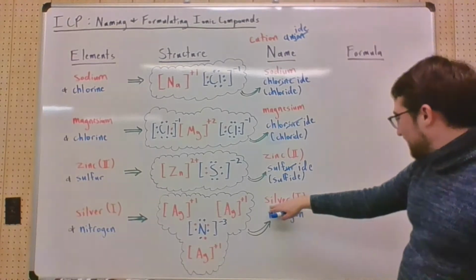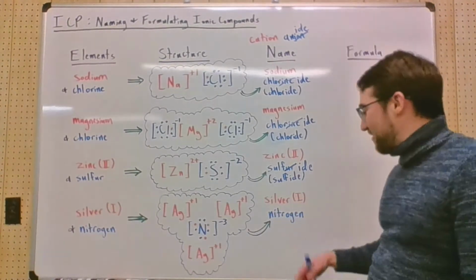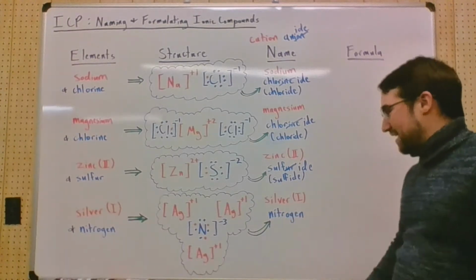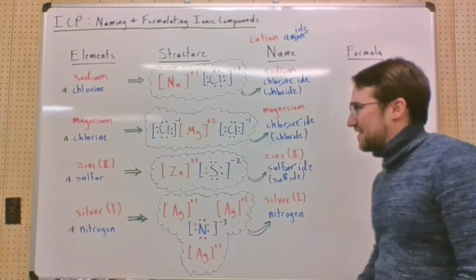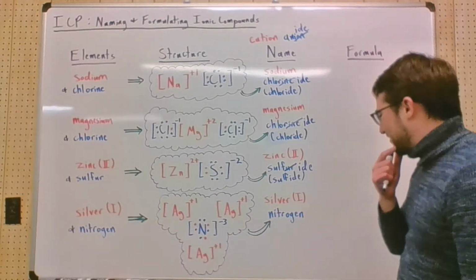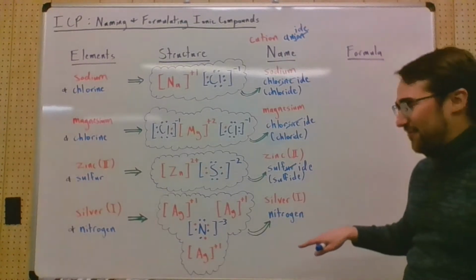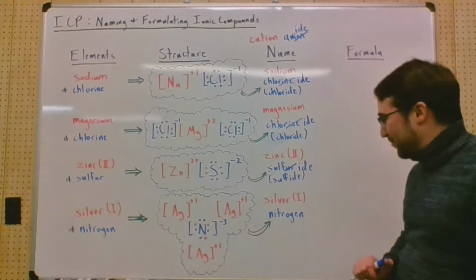Silver, Roman numeral 1, same thing. We keep the Roman numeral, we keep the name the same for the positive guy. The only thing that's got to change here is our nitrogen. Now, this can be a little bit tricky. Do I chop this off at nitride or do I chop it off at nitrogide? Not super sure.